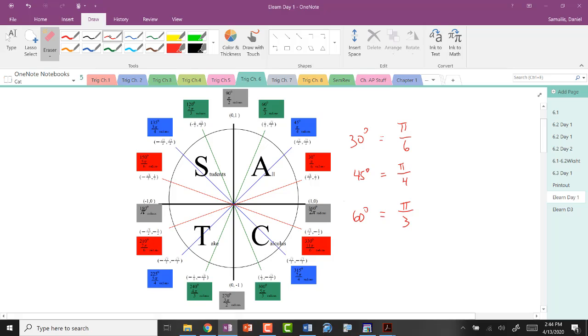And then, of course, the All Students Take Calculus mnemonic tells you who's positive in each quadrant. So this S means sine of an angle measure that is in quadrant 2 will give you a positive ratio. We have to reverse that today because we're going from ratios to finding angle measures. Tangent of an angle measure in quadrant 3 will give you a positive ratio.